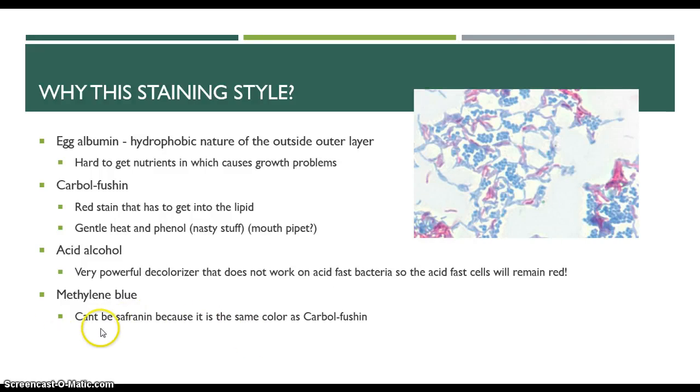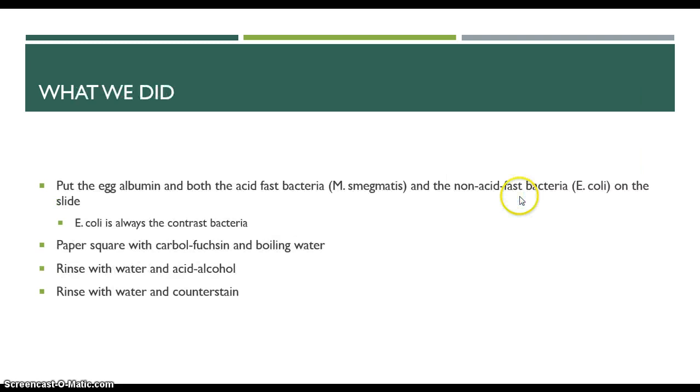But here we can't use safranin because it looks so similar to carbolfuchsin that we need to use something else that has a different color. And so we use this methylene blue, which has a bluish color, obviously, blue. And so it is a different color than the carbolfuchsin, so it allows us to distinguish the acid-fast red cells from the non-acid-fast blue cells.